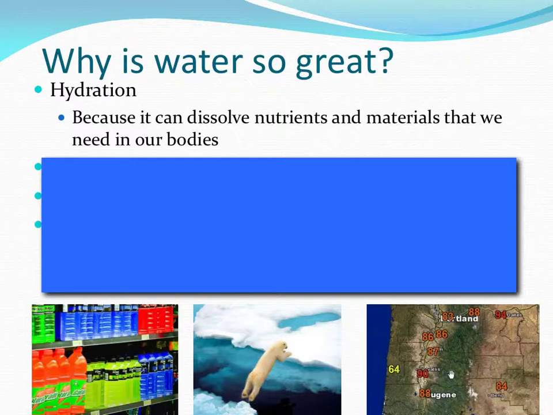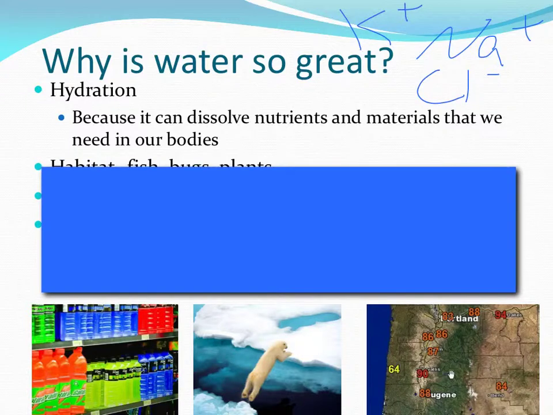Things like sodium, potassium, chlorine. These are all ions. These are all charged molecules. Things like sodium has a charge, or chlorine, Cl minus, potassium has a positive charge. These are all things that your body needs, and they're dissolved within that water to make Gatorade, and you drink that and it carries it to your body. So hydration, obviously a big thing.